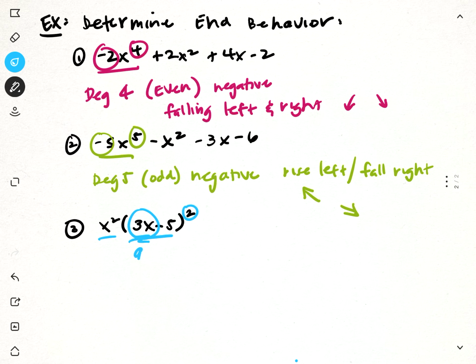That would give us 9x squared, because 3x times 3x is 9x squared. And then we have this outside part, x squared times 9x squared. When we multiply that together, our leading term would be 9x to the 4th. So we're looking at the 4, which is even, and our sign is 9, so this is going to be positive.